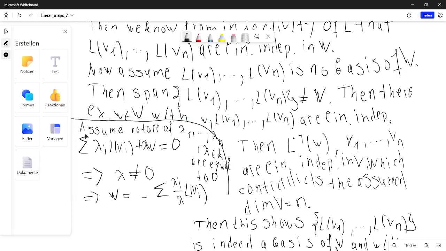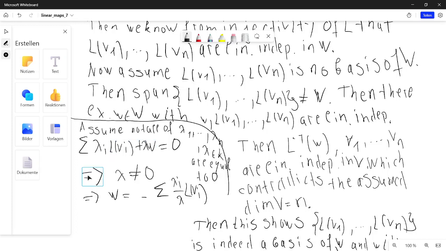We assume not all of lambda 1 to lambda n, lambda in K are equal to 0 in such a linear combination, which gives 0 under usage exactly of those L of the i's and of this W. This is exactly what linear dependence of L of the i's and of W would say, right? So we assume they are linearly dependent.